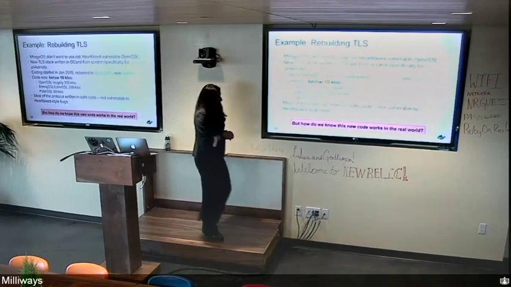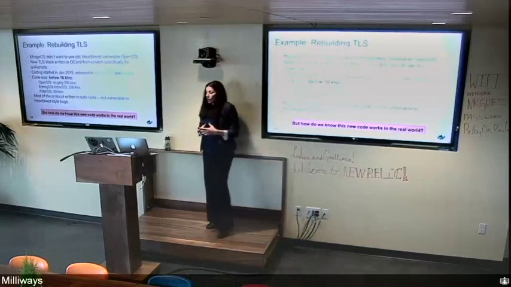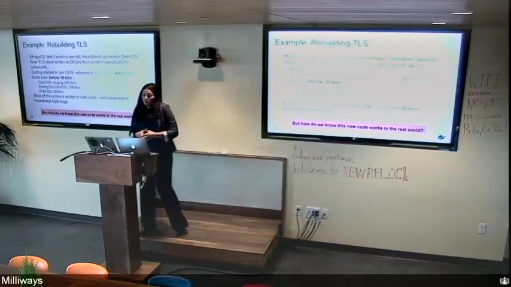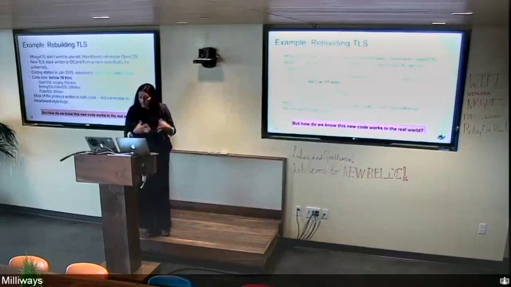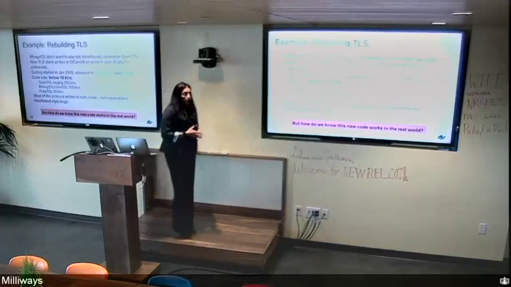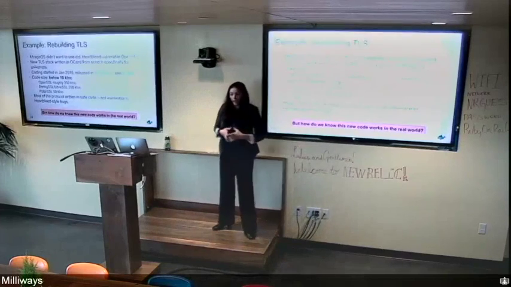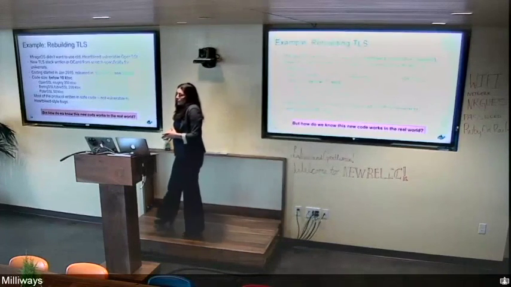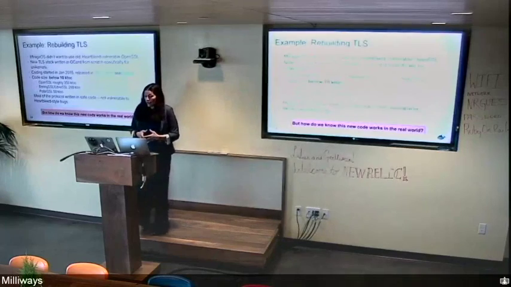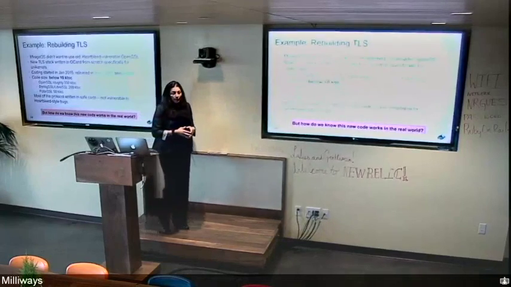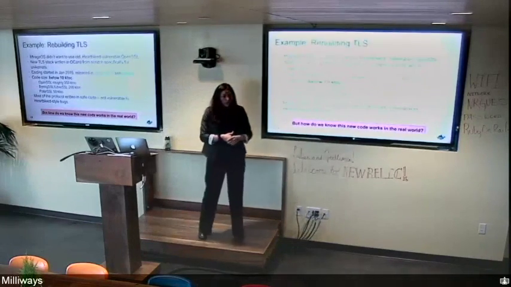Let's talk about something that MirageOS ended up doing. They didn't want to reuse the existing TLS implementations. So they actually embarked on a new implementation of TLS from scratch. And they thought, oh, it's going to take a long time.